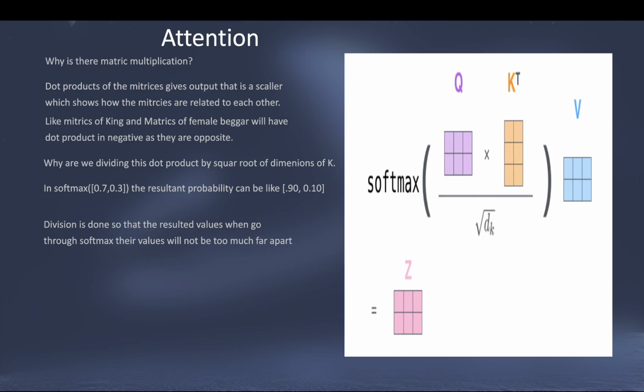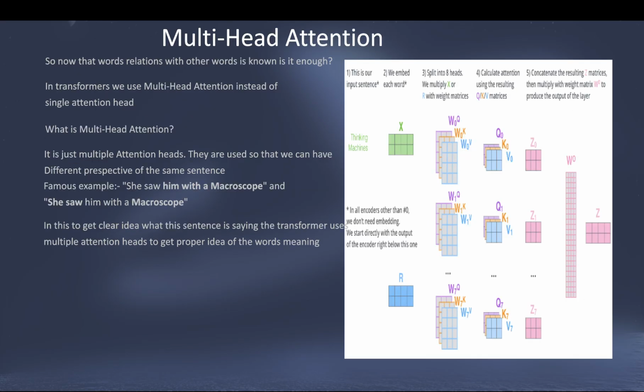To avoid that, we divide by the square root of the dimensionality k, so that the difference won't be that high. Means 0.7 and 0.3 will be reduced to smaller numbers, and hence after the softmax layer, the values won't be that far apart. Means it won't be biased toward one particular word.